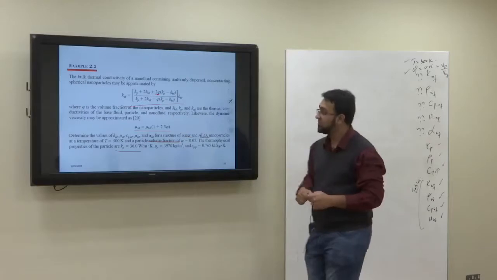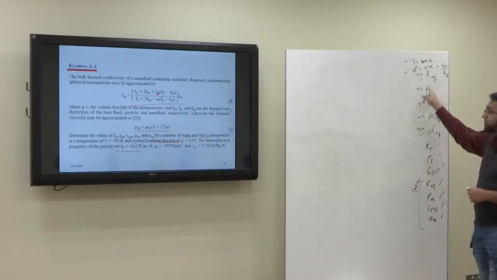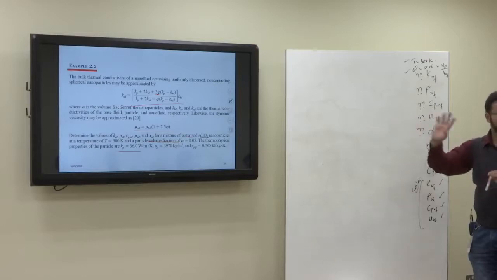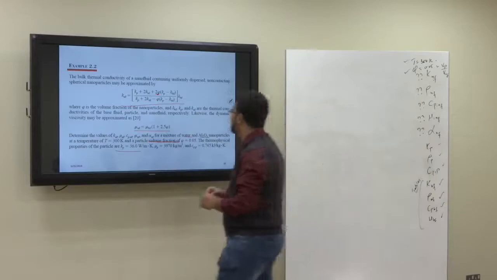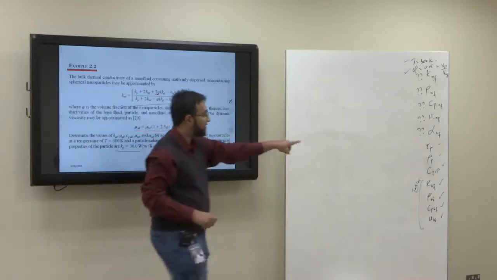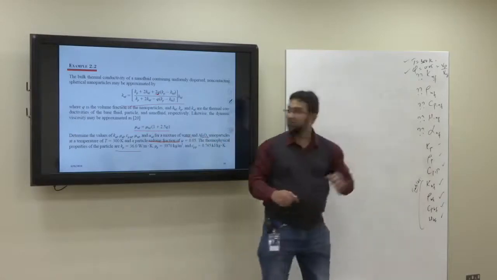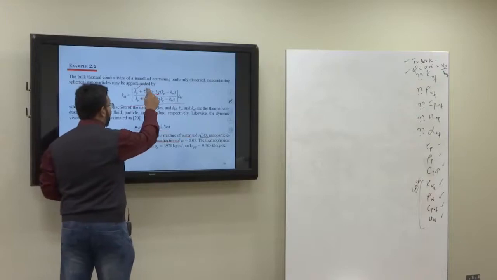Okay, now the first thing, let's start from Knf, because the formula is directly given. If you see here in the formula for Knf, Kp, do we have Kp? K of particle. Yeah, it's given, right? Do we have Kbf? From the table, yes.